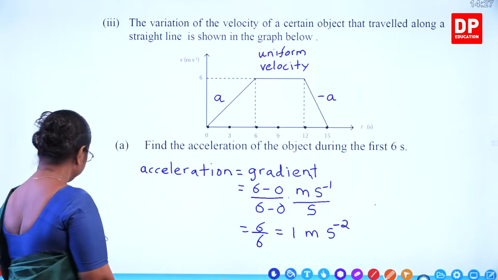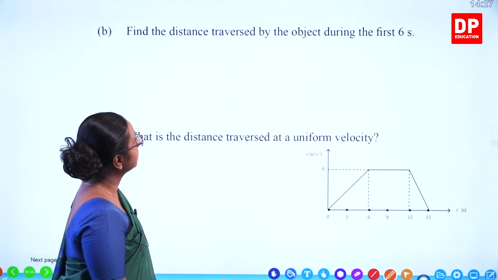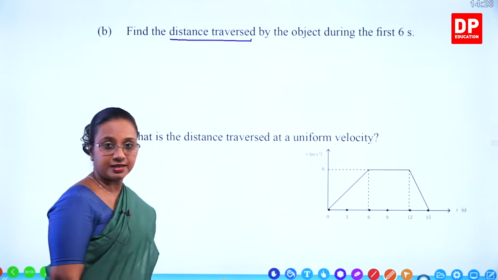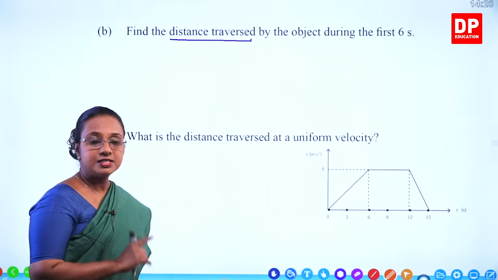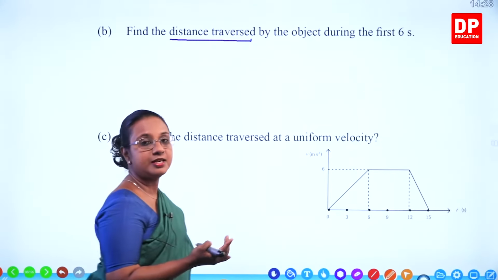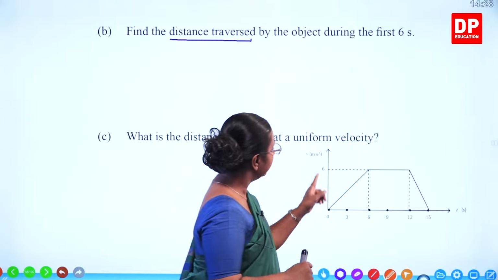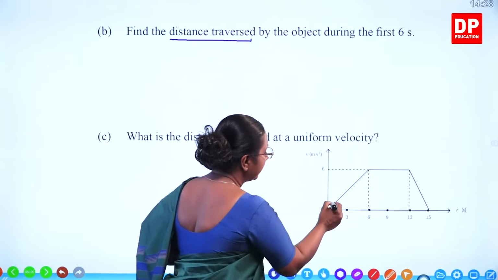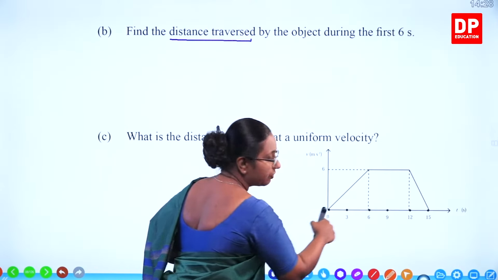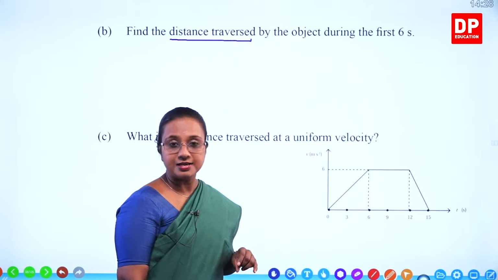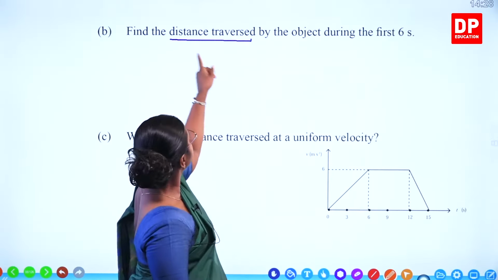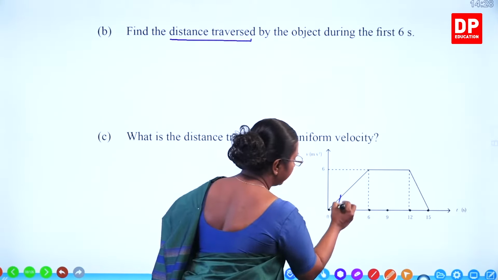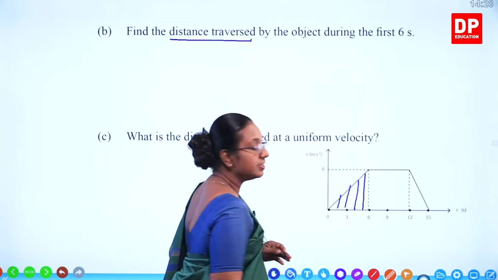The next question. Find the distance traversed by the object during the first 6 seconds. As you know, the displacement without the direction is the distance. So here, from the velocity time graph, in order to calculate the displacement, we need to calculate the area under the curve. Here, since it says distance traversed during the first 6 seconds, the area is the area of the triangle.